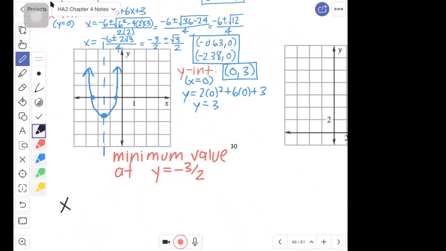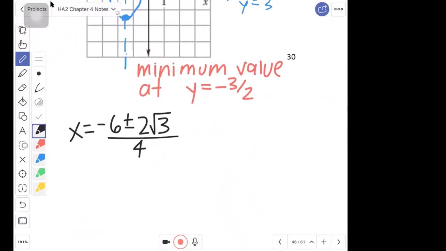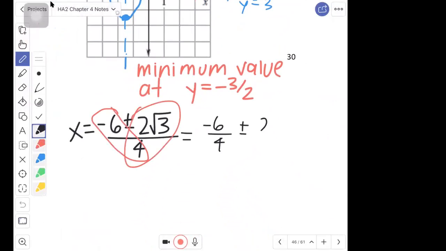So we have x equals -6, and I am breaking this up like that. So we have -6/4 plus or minus 2√3/4, breaking that fraction up into 2 parts.